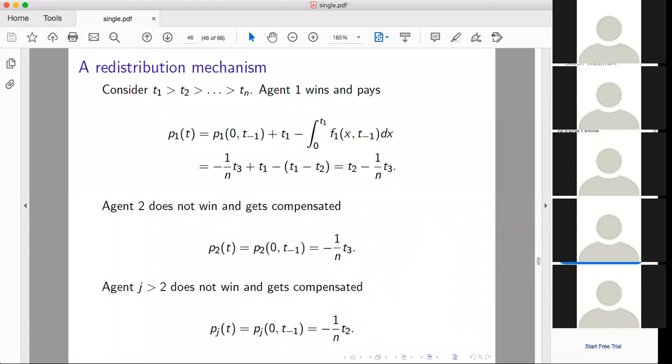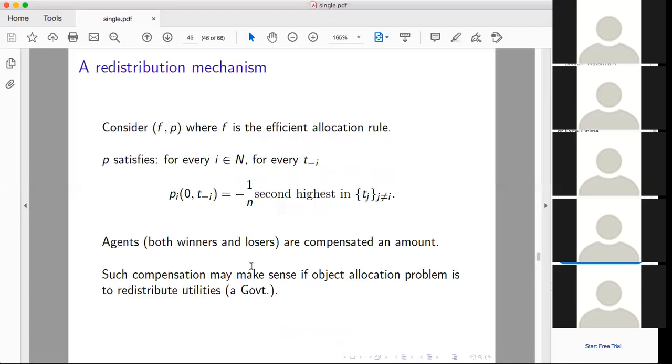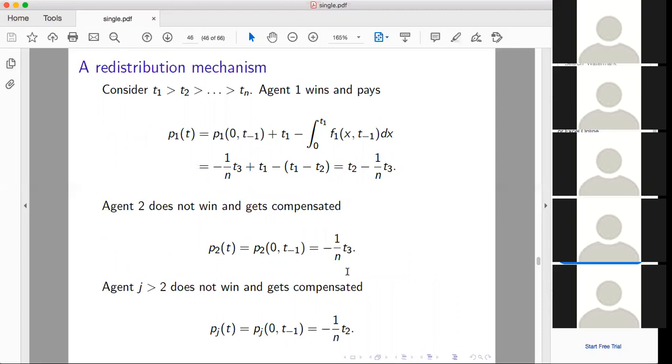So that's agent 1. How about other agents? Other agents are losers. Remember, for losers, the payment in a deterministic mechanism is just Pi 0 T minus i. So we just use that. In that case, it's just P2 0 T minus 1, which according to this formula is going to be minus T3 by n.